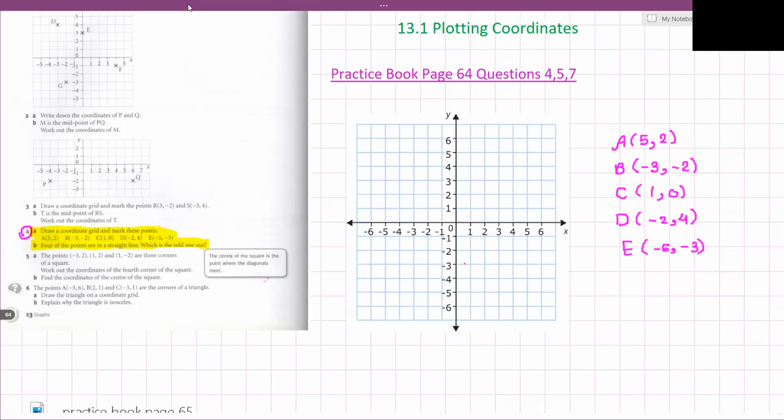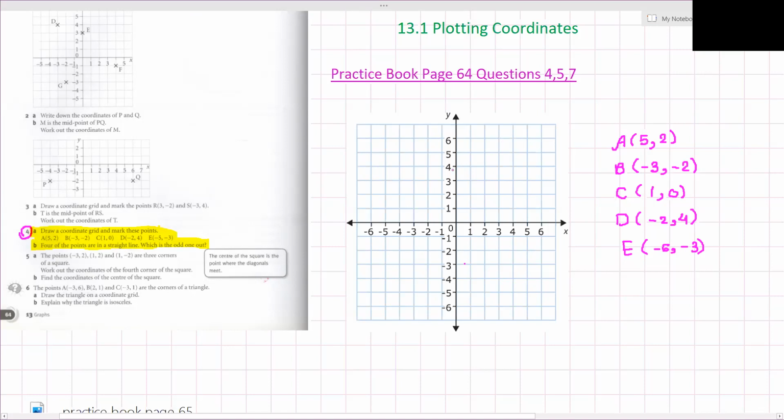So let's start to plot the points together here. We said before, this is the ordered pair. The first number refers to the x coordinate, and the second number refers to the y coordinate.